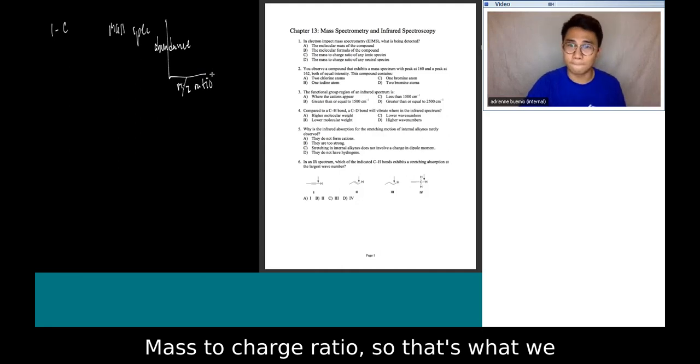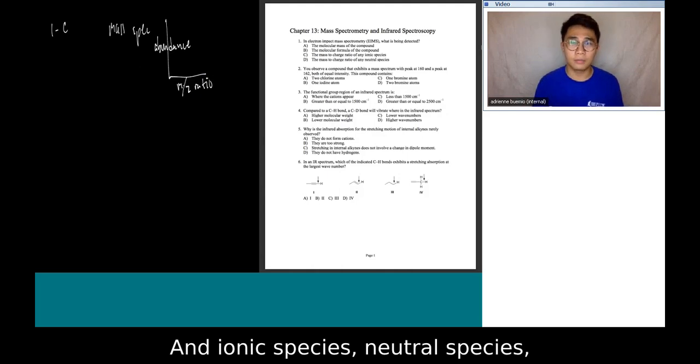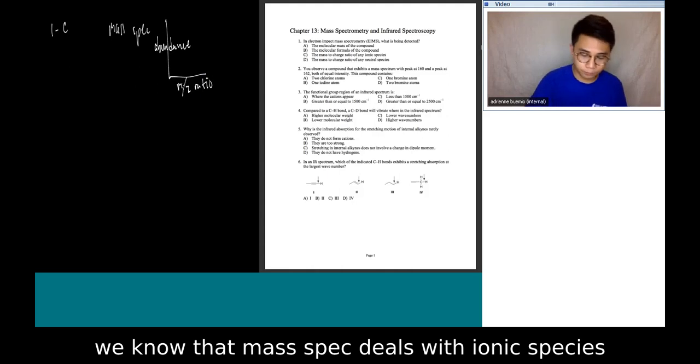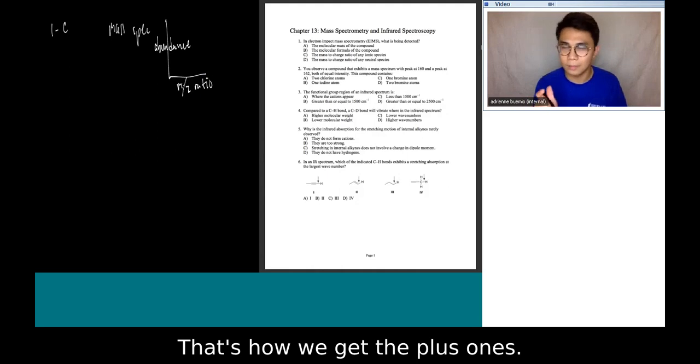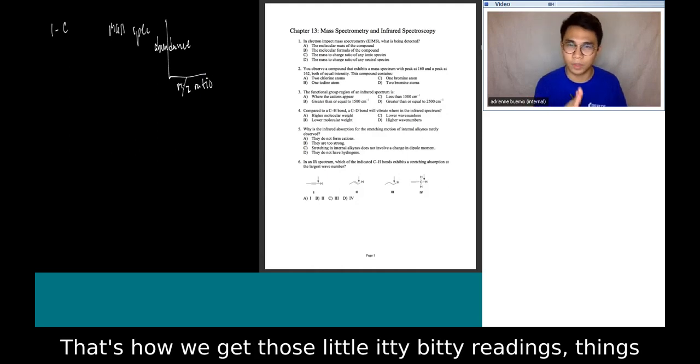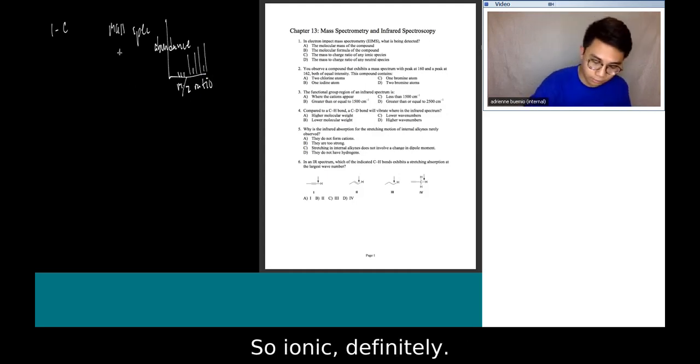That's what we have for C and D, mass to charge ratio. And ionic species, neutral species: we know that mass spec deals with ionic species because that's how they get broken up. That's how we get the plus ones, right? That's how we get those little itty bitty readings.